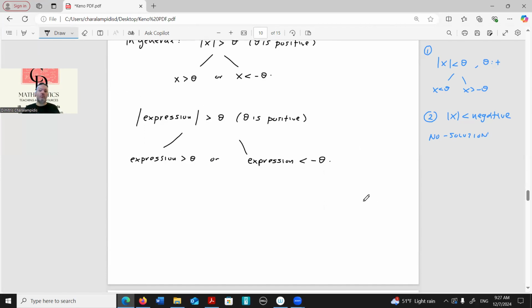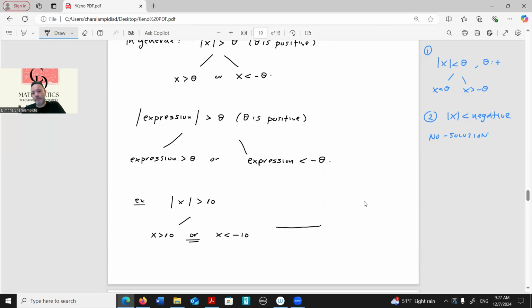Let's work two examples together. Example: absolute value of x greater than 10. Obviously, we just apply the rule: x greater than 10 or x less than -10.